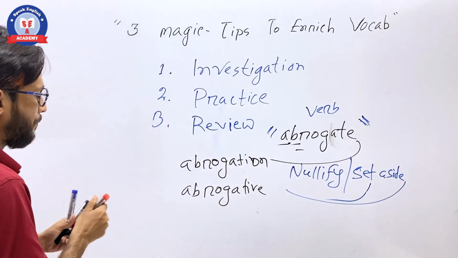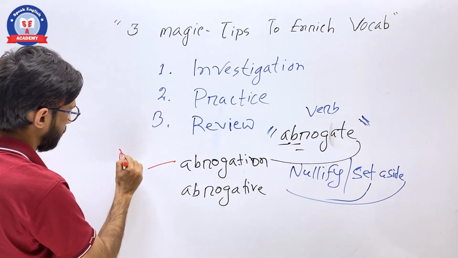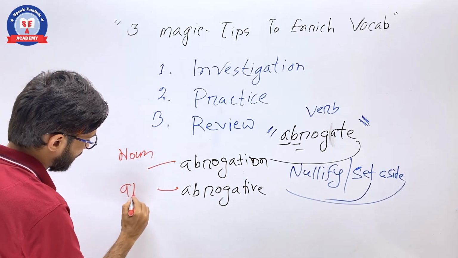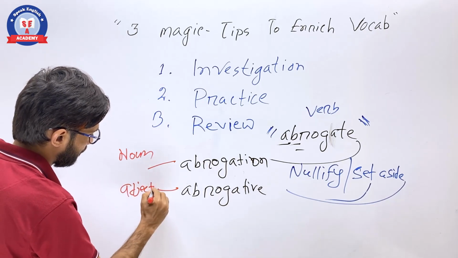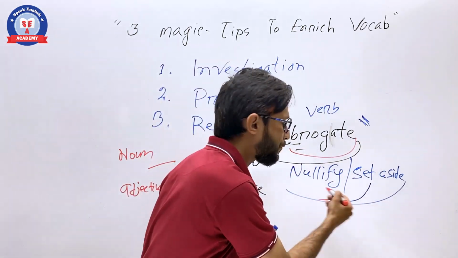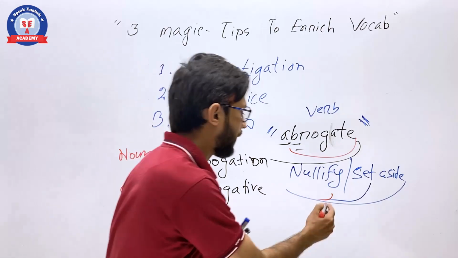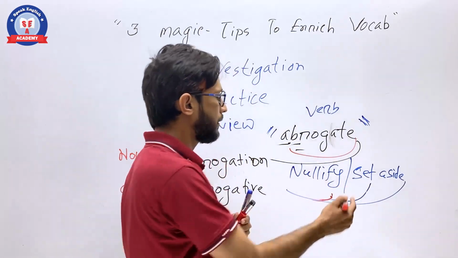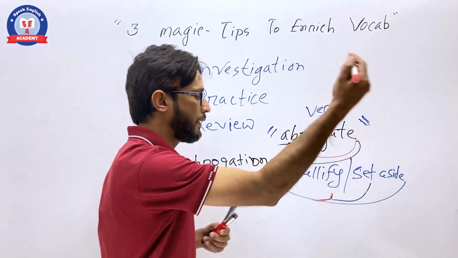So abrogation is a noun, abrogative is an adjective, and abrogate is a verb, and it means nullify. Nullify lawfully, not illegally or unlawfully. Nullify something lawfully. That is called abrogate.